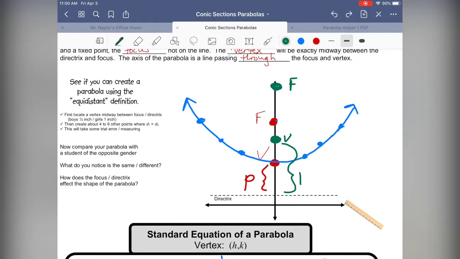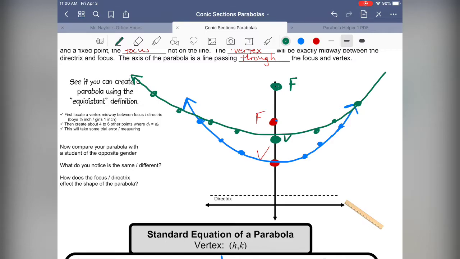It's the letter P. But just for a moment, I want to say to you, what if it had been bigger? What would our parabola have looked like? Well, it's hard to compare unless you're sitting with a friend right now, which you shouldn't be. But what would have happened is our points would have been wider. Our distance that we would have had to measure would have been bigger, and so this dashed line distance to create these points would have caused us to have a different shaped parabola.